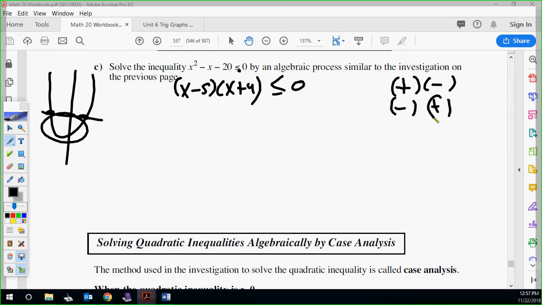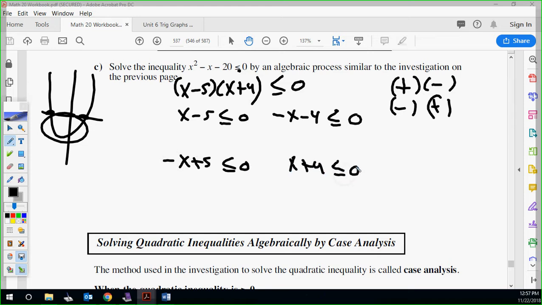So I'll take this one normal, positive. Okay, and it's less than: x minus 5 less than or equal to 0. And then I do the opposite of the second one. Okay, and then I do this one opposite and this one normal.